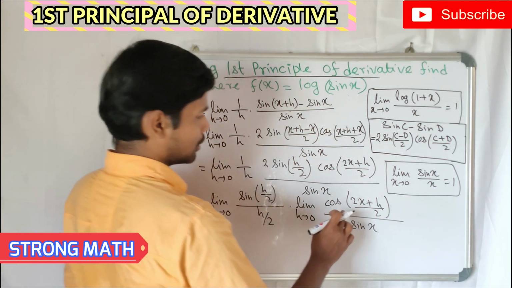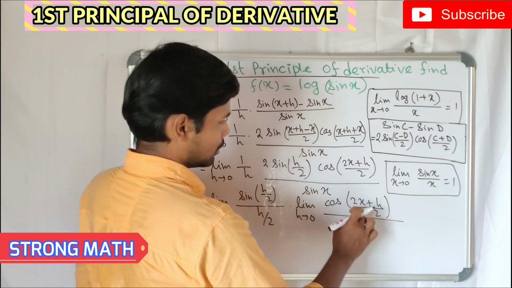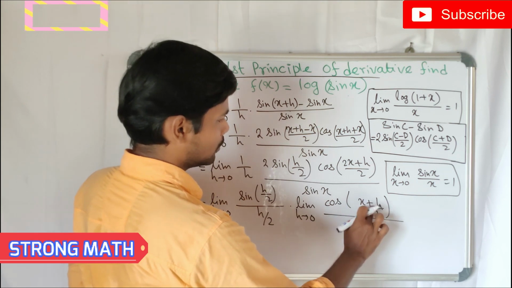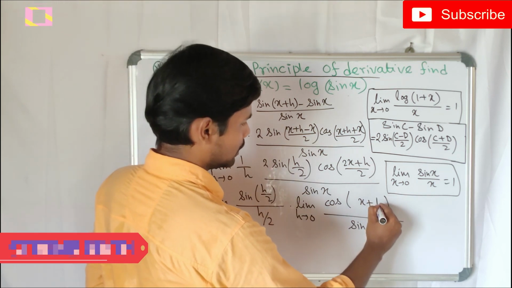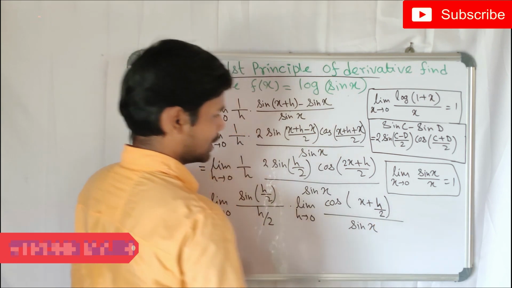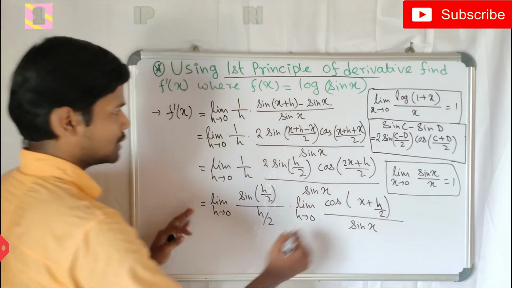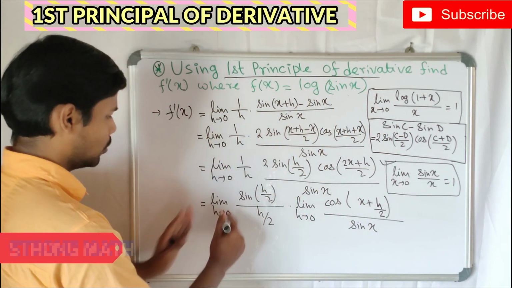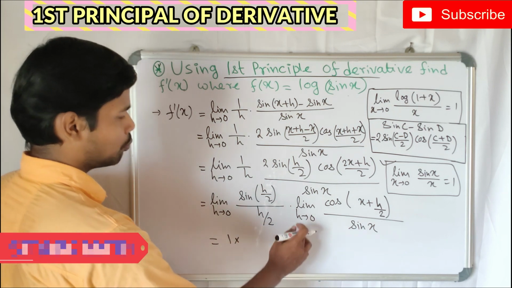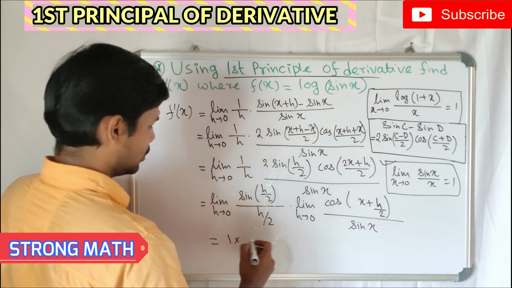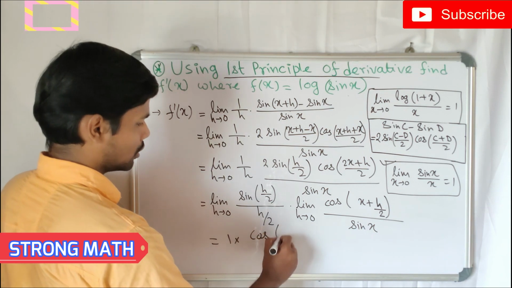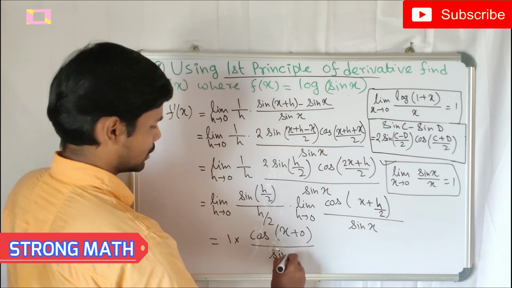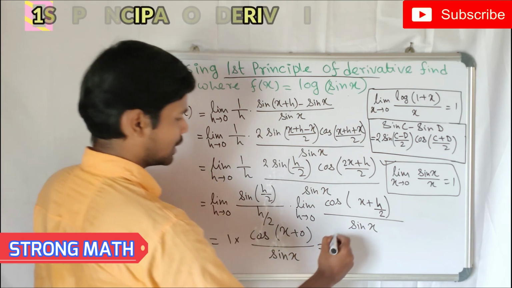Now we can write (2x plus h) by 2 as x plus h by 2, okay, so this becomes cos of (x plus h by 2). Now by using this formula, limit x tends to 0 of sin x by x is 1, so this is 1 into, we can put h equals 0 here, so this will be cos of (x plus 0) divided by sin x, which is simply cos x by sin x.